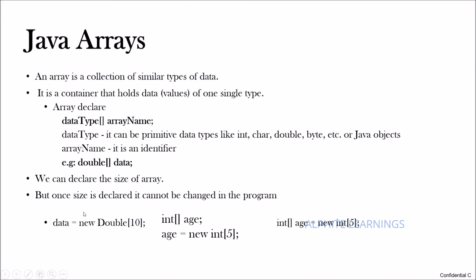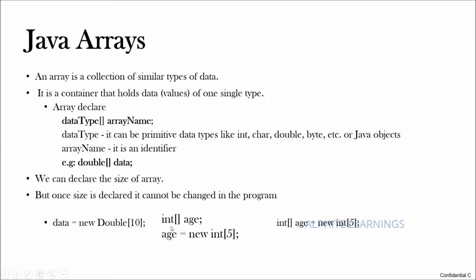We will learn all these in the upcoming sessions, what it exactly means. For a literal meaning, you can take it as it will copy the characteristics of double. If you give new double of 10, you are going to store double type of data. If it is character, here it is character type of data.